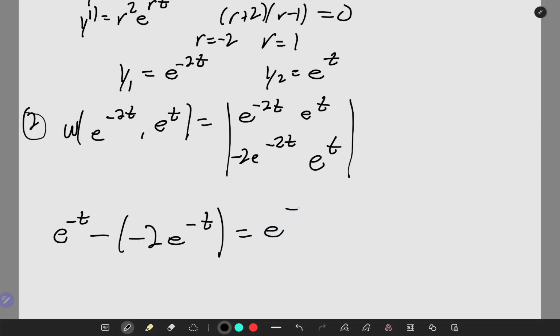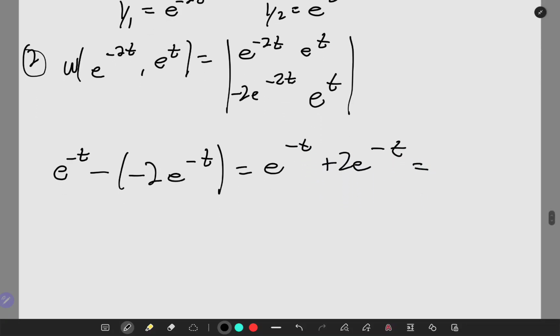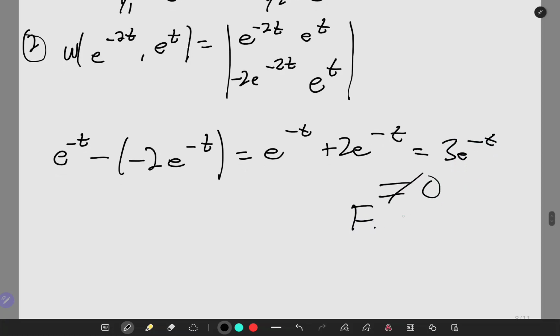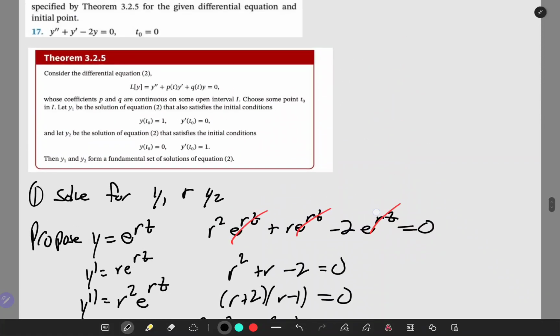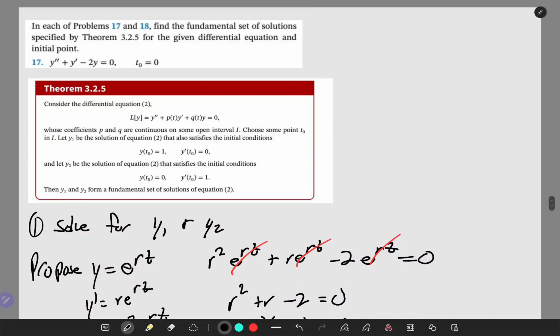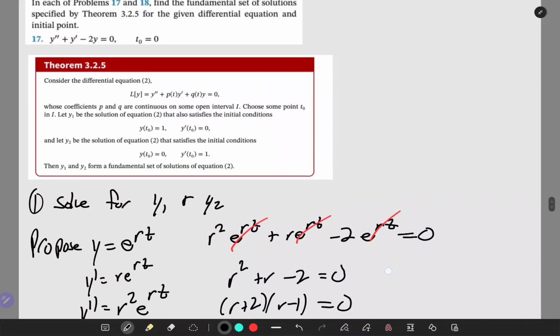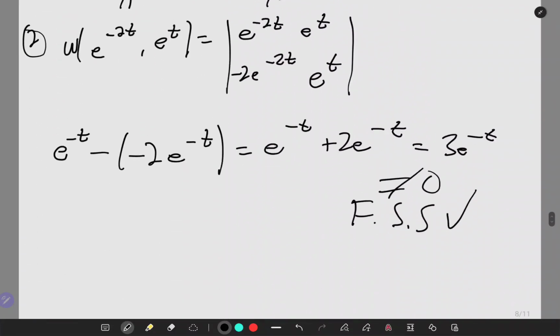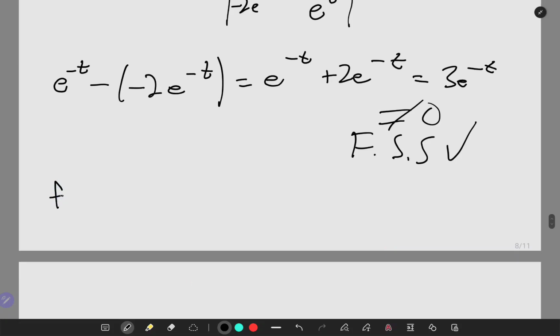That becomes e to the negative t plus 2 e to the negative t, which equals 3 e to the negative t. That is non-zero, so we have a fundamental set of solutions. So it wants us to find the fundamental solutions. So when it says find the fundamental set of solutions, then we have to write this out.